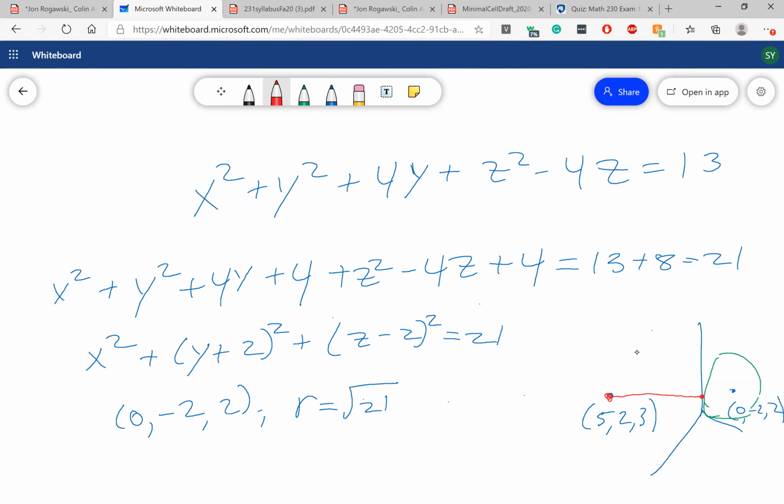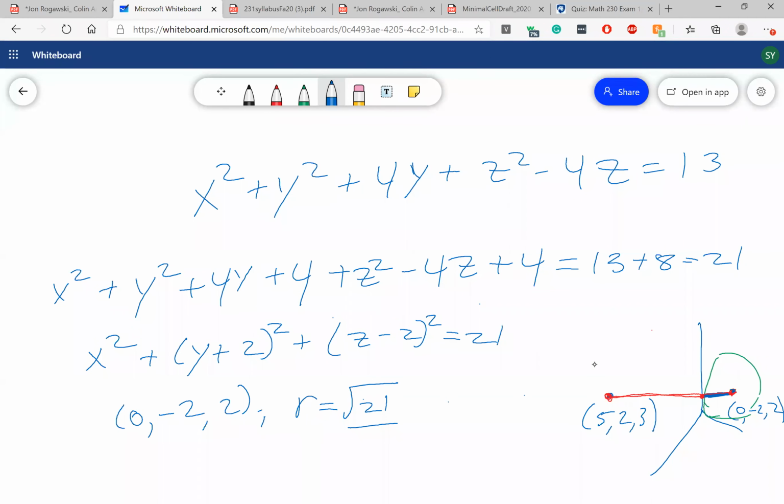What we can do is look at the distance from this point to the center of the sphere, and then subtract this radius, and that will give us this distance. But we know that this is the square root of 21. So we only need to figure out the distance from here to here. So what's the distance from there to there?